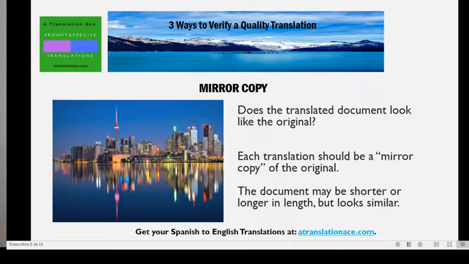Now, one document may be longer or shorter in length than another document, because depending on the language it's coming from, for example, Spanish or Portuguese, there is usually 30 to 40% inflation in the number of words used in those languages versus what is written in English. Therefore, the English language document may be shorter than the Spanish or the Portuguese document. However, it will look like a mirror reflection of the first document, so that the formatting is standard.